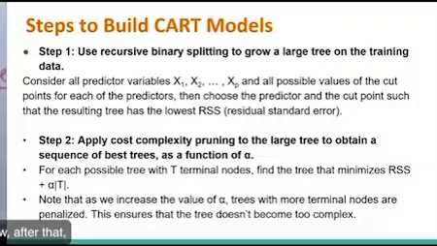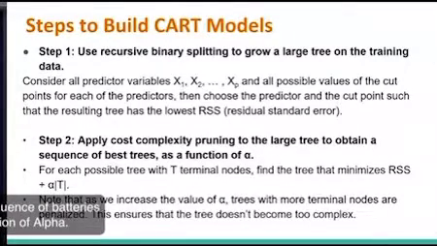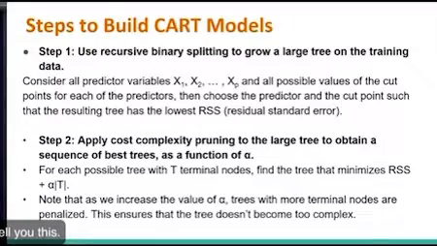Okay? Now, after that, in step 2, you apply cost complexity pruning to the large tree to obtain a sequence of best trees as a function of alpha. Let me tell you this.